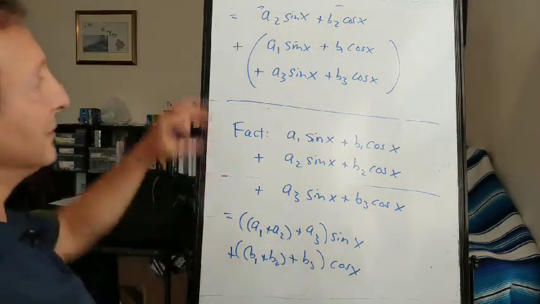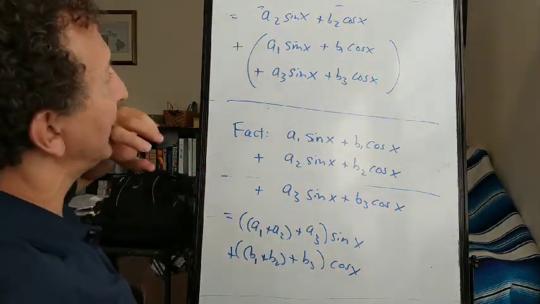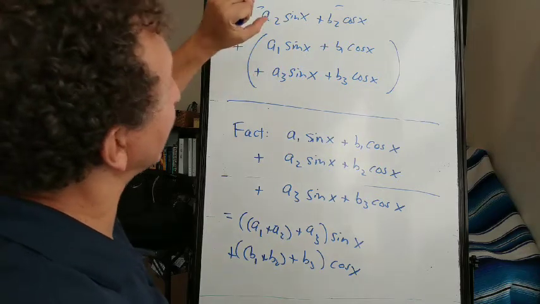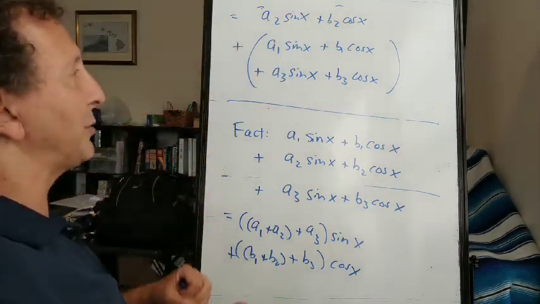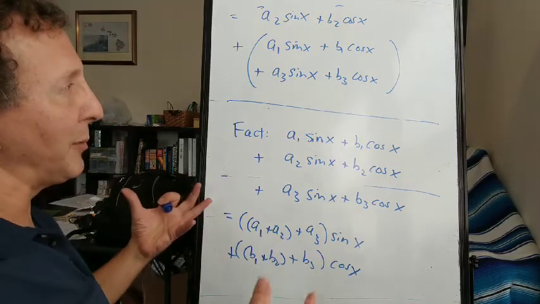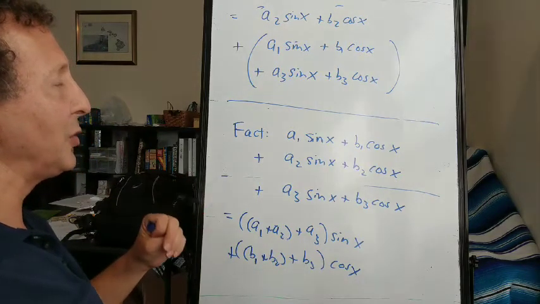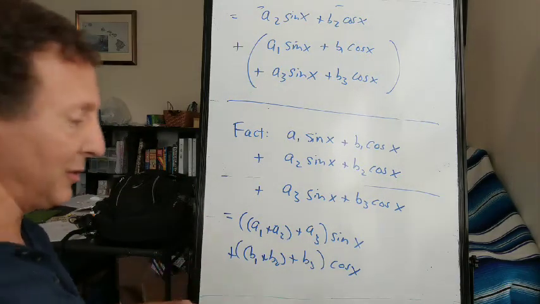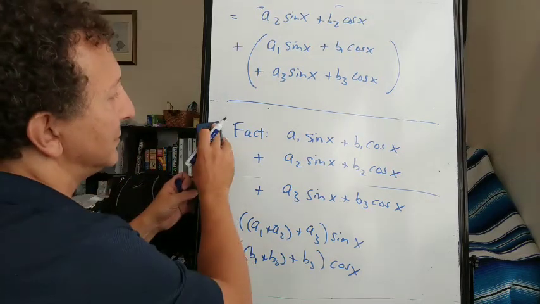We get the same thing, basically because what we're doing is adding coefficients of sine x and coefficients of cosine x separately, and these coefficients are real numbers, and therefore they're going to obey the usual rules of multiplication and addition of real numbers.